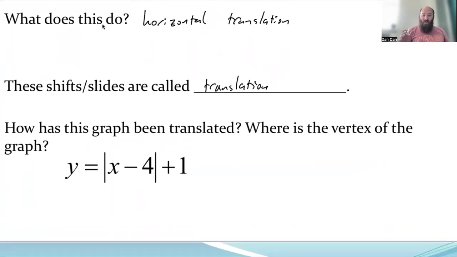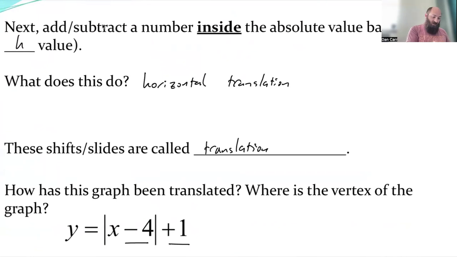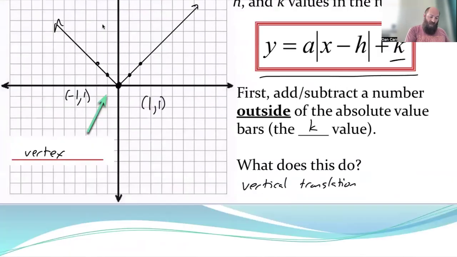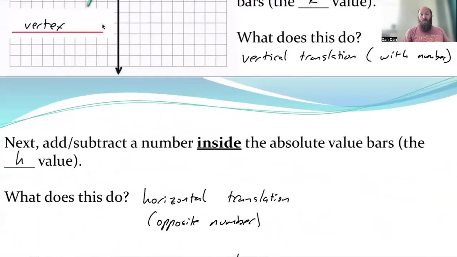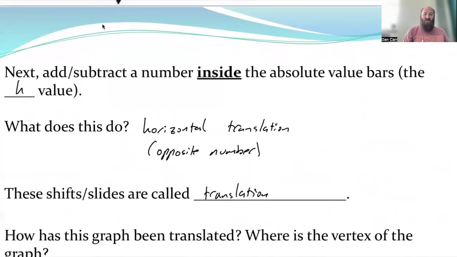So has this graph been translated? So you see the x minus 4, the plus 1 like that. When I do a horizontal, it's going to go opposite the number. When we have the k, we get a vertical translation and it goes with the number. It's going to go the same direction as k, and opposite whatever h is inside.